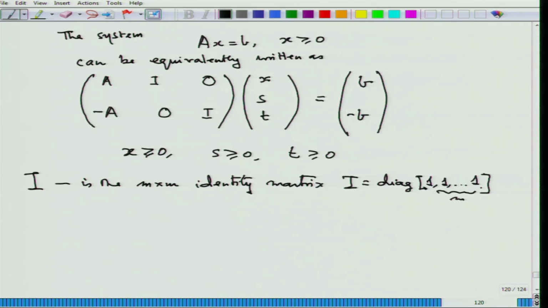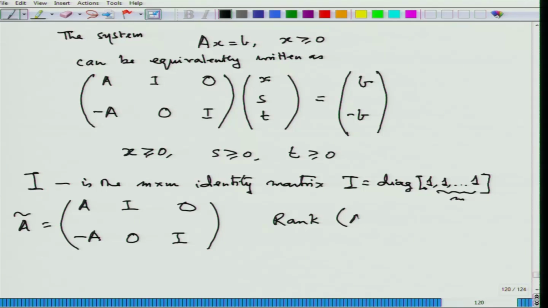Now, if I take this matrix and write it as A tilde, it is part of your homework to check that the rank of A tilde is twice m. Check as homework.